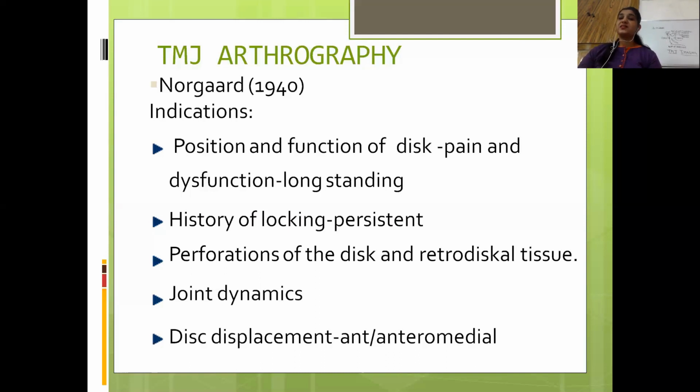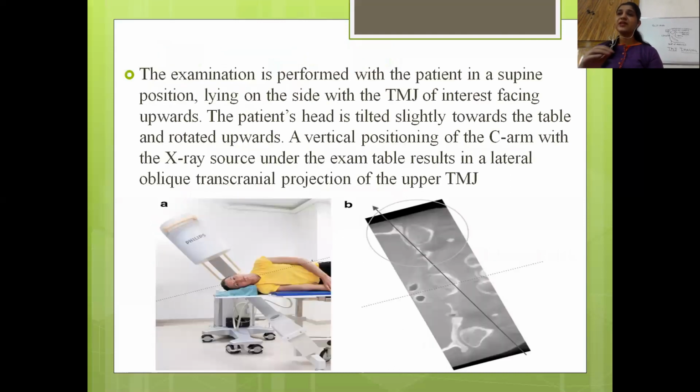If there are some disturbances in the joint dynamics, we will go for TMJ arthrography. As I've told you, it's an invasive procedure, and if there is a long-standing persistent problem of the TMJ, then we will go for this modality. Then disc displacement, anterior or anteromedial, then we will go for this imaging modality.